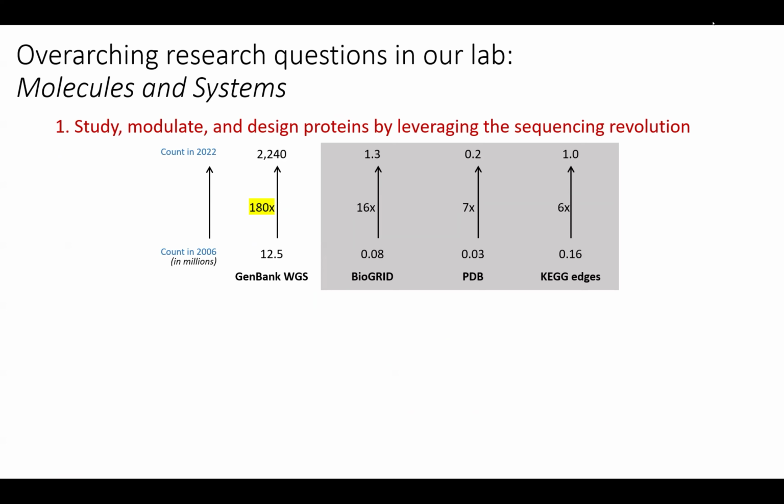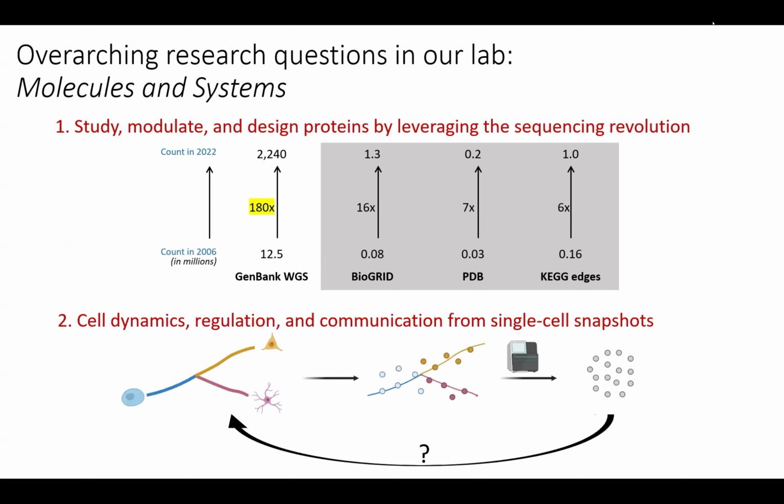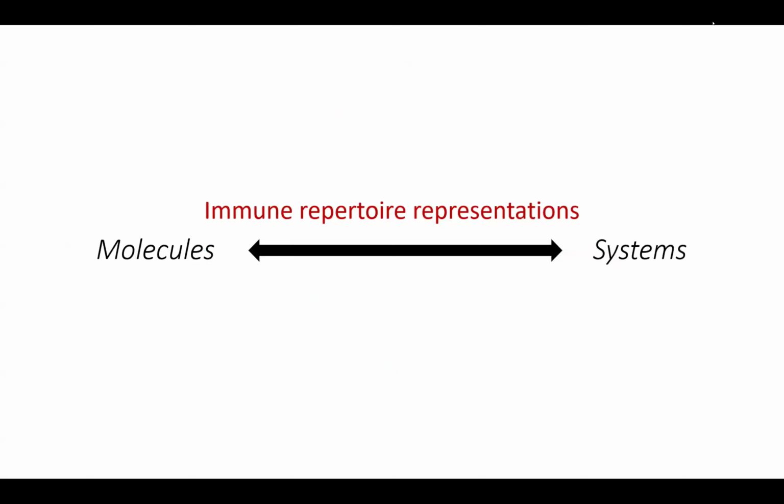A second set of questions my lab looks at is more at the system scale, where we look at, for example, single cell omics, multi-omics, spatial omics, and essentially ask, can I recover dynamics and regulation and communication from these things? And one reason why I really like the project I'm sharing with you is that it spans both these scales.